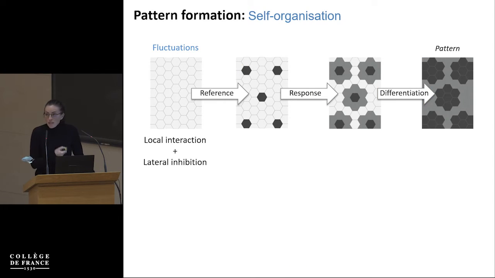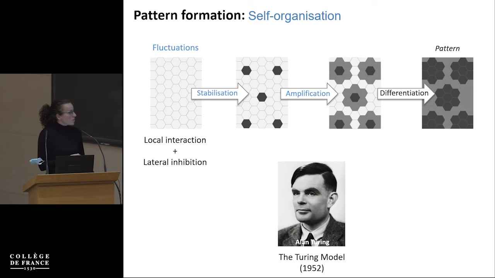The second big mechanism of pattern formation is so-called self-organization. In this case, the tissue has two initial properties of local interaction and lateral inhibition. And when the tissue has these properties, it may stabilize initial fluctuations in different locations. This will be amplified through time, eventually giving rise to a pattern. And this is a mechanism that has been described by Alan Turing in 1952 with this very famous Turing model.